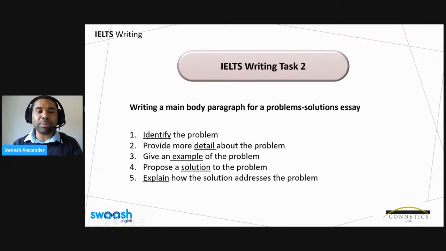And finally, we explain how the solution addresses the problem. So this is a clear, logical, organized way that we can approach writing a main body paragraph for a problems and solutions essay. Now, the task itself is going to give us examples of how we can use that structure, and that's what we will see now we move on to actually look at the task.